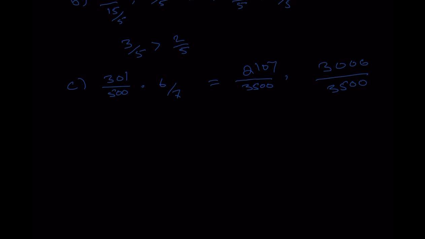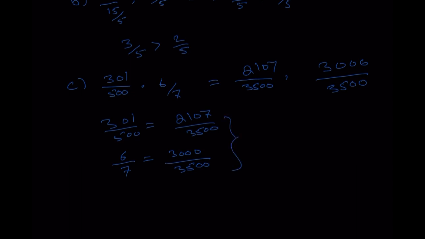We created equivalent fractions. 301 over 500 is equivalent to 2107 over 3500, and 6 over 7 is equivalent to 3000 over 3500.